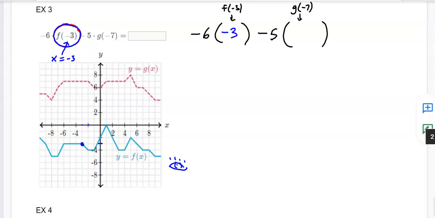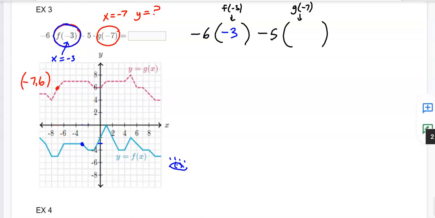So I substituted in. Now I go to the next part of the equation, and it says, go to the g function when x equals -7 and tell me what y is. So I go over to x equals -7, right over to here. I go to the right function, which is the g function. Right there it looks like that's at -7, 6.